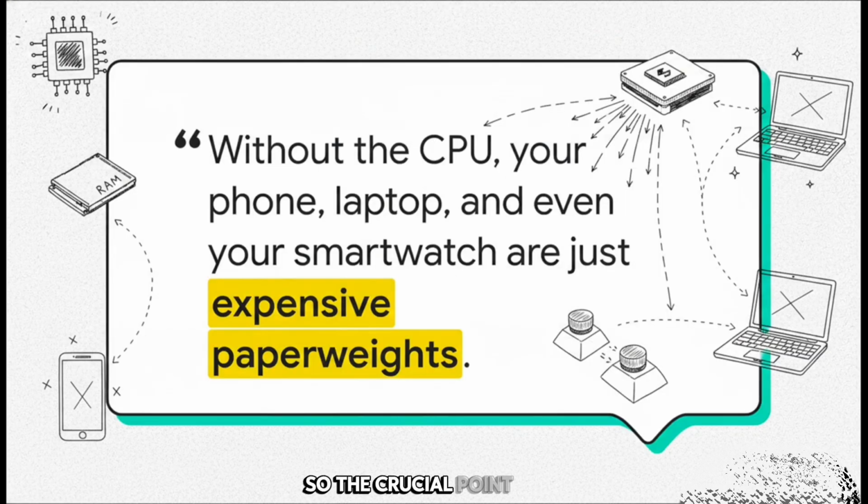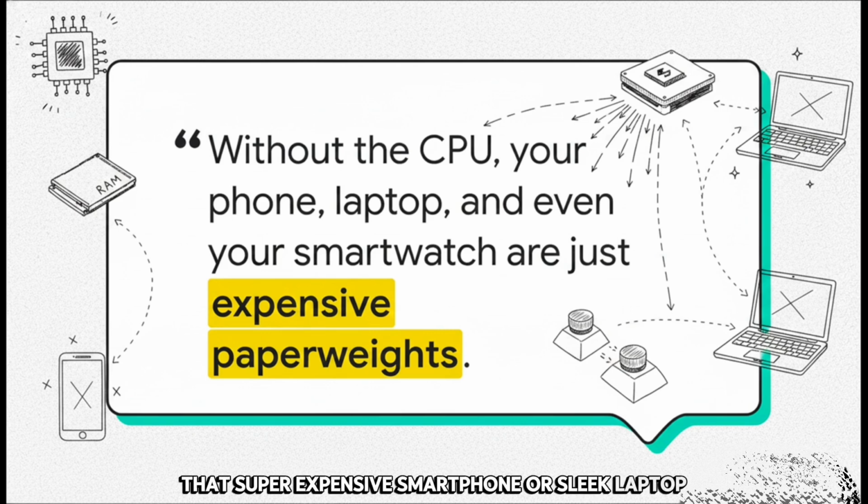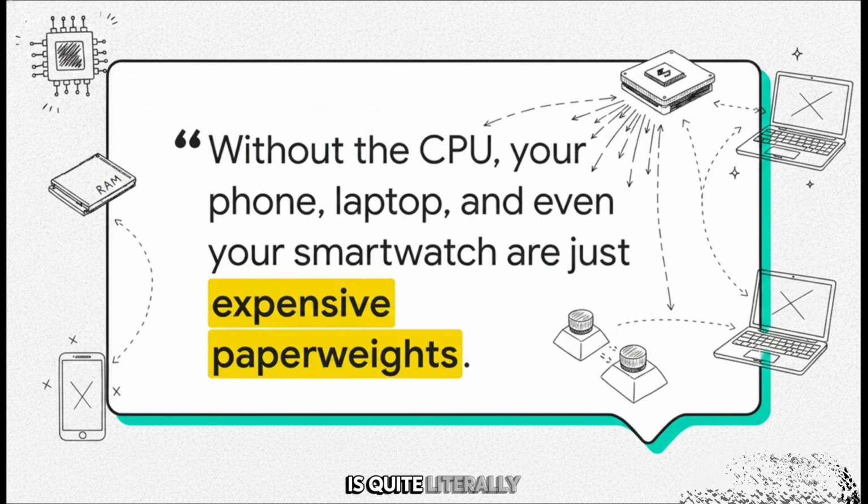So, the crucial point here, all of these amazing components, the motherboard, the RAM workspace, the SSD cabinet, they all bow to the CPU. Without that central brain orchestrating those billions of data streams, that super expensive smartphone or sleek laptop sitting right in front of you is, quite literally, just a really expensive paperweight.